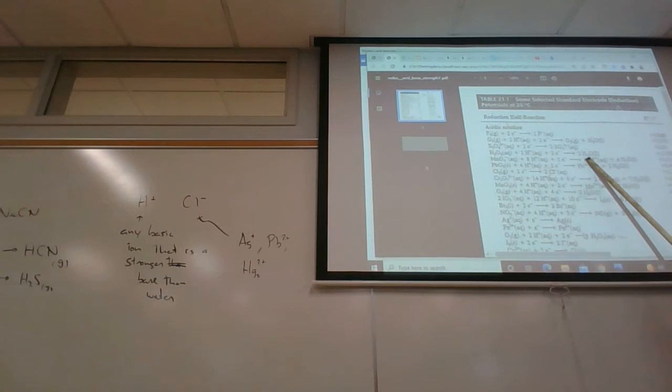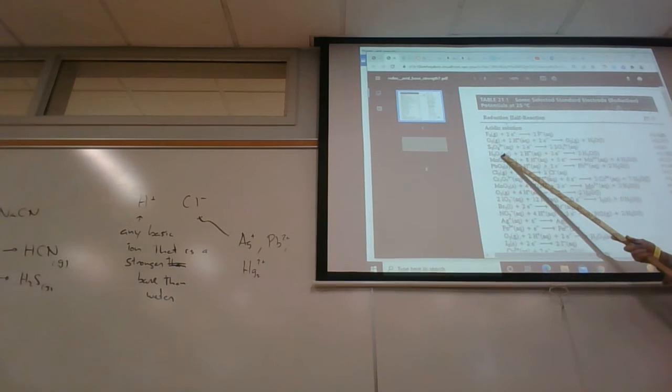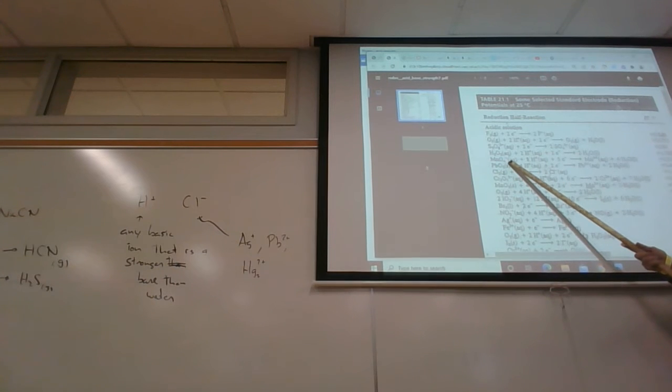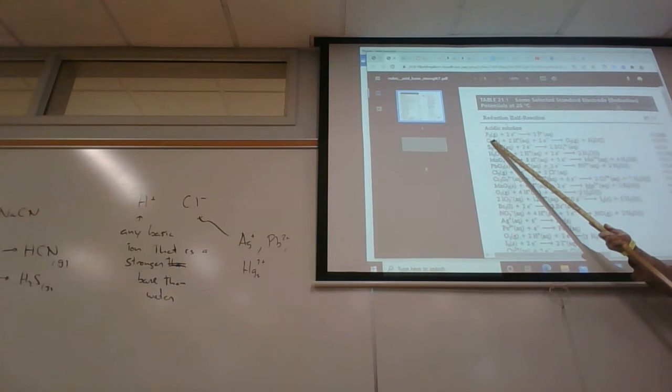So gold metal is here. What kind of oxidizer do I need to oxidize gold metal? I would need something like hydrogen peroxide in acid. This is not household hydrogen peroxide. This is heavy industrial stuff. Ozone or fluorine. Okay, none of these I really want to work with.